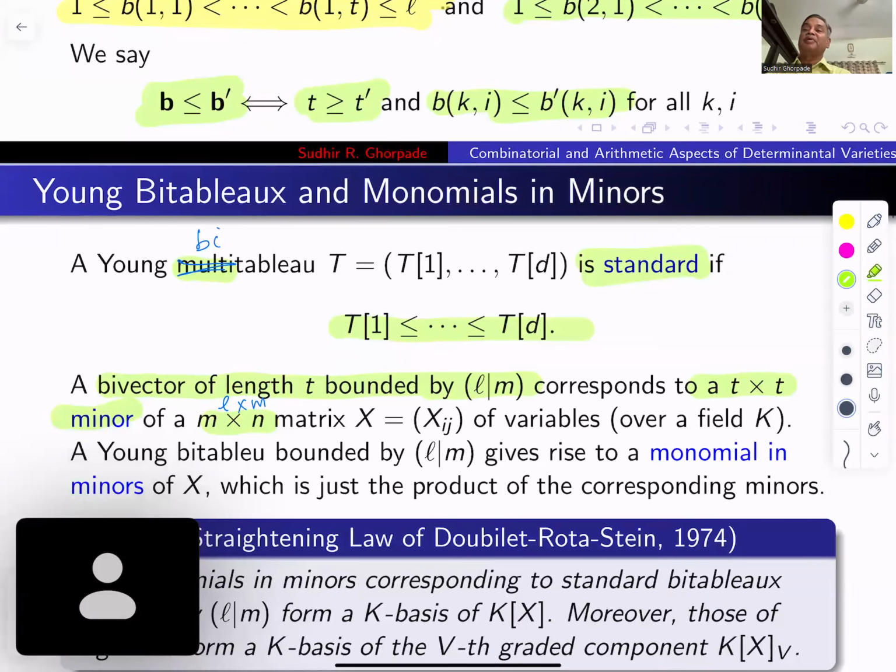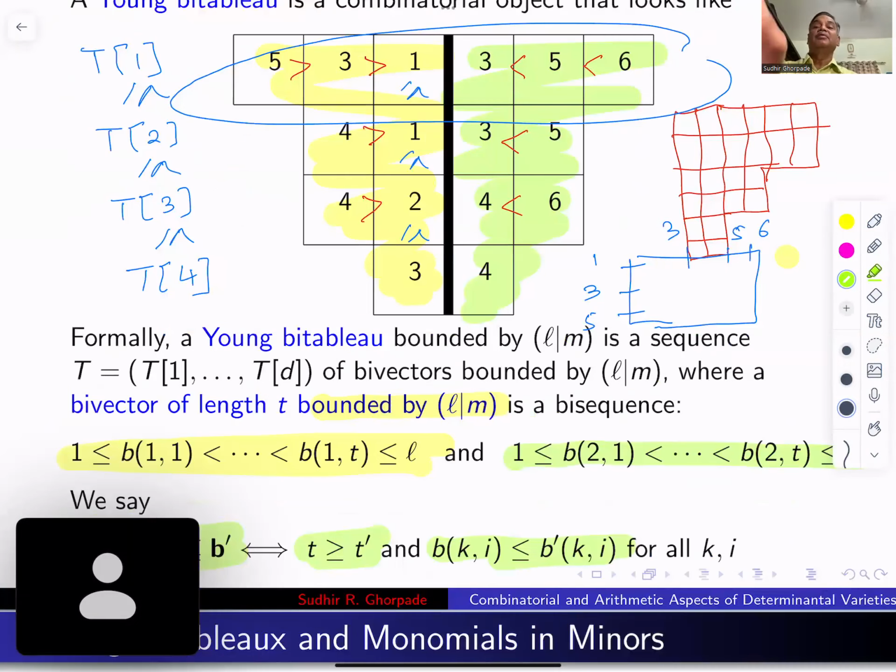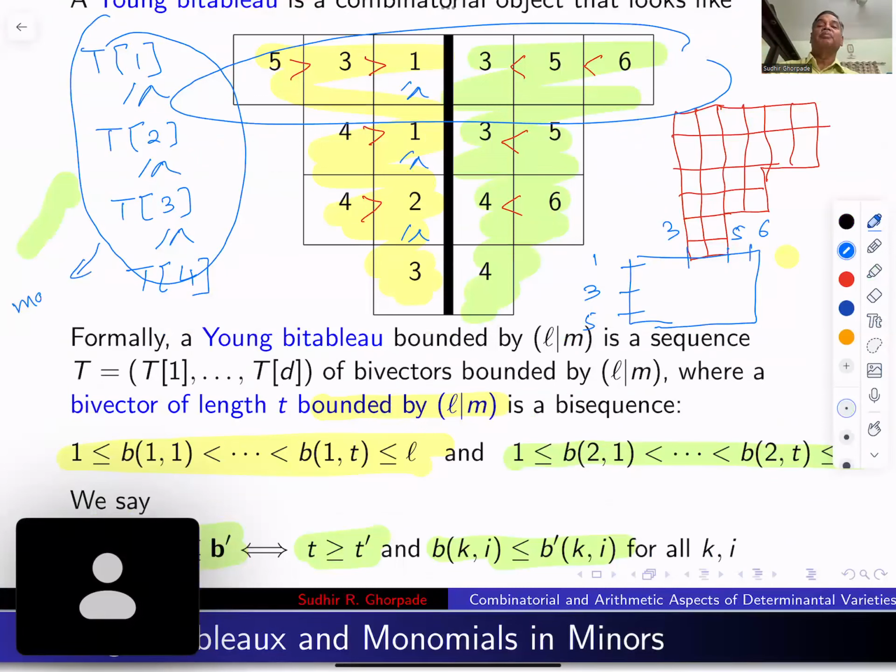In other words, a bitableau would give rise to what you might call a monomial in minors. That is just a product of minors. Just like a monomial is a product of variables, a monomial in minors is a product of minors.